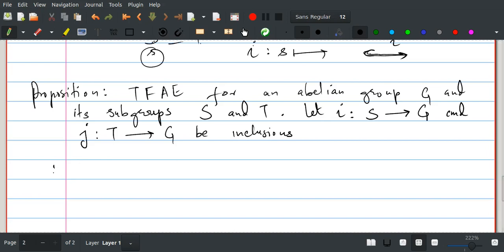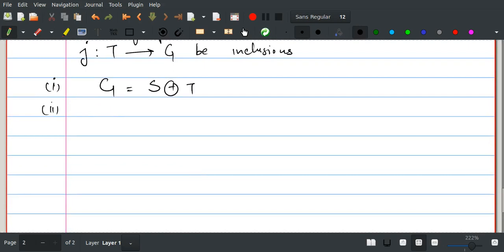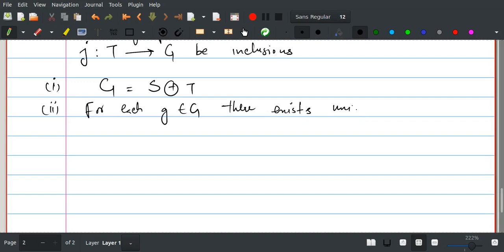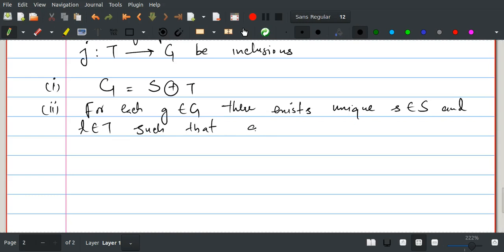So the first condition is G is the direct sum of S and T. Second is for each g in G there exists a unique small s in S and small t in T such that this small g is little s plus little t.